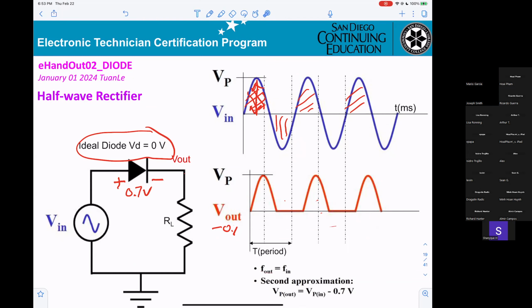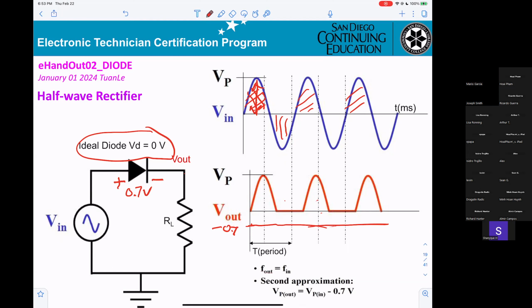So when you get a positive here, the diode is on. When it's on, substitute it by a battery of 0.7. So at the output, you can get a negative 0.7 volt. Basically, you can see right here, minus 0.7.